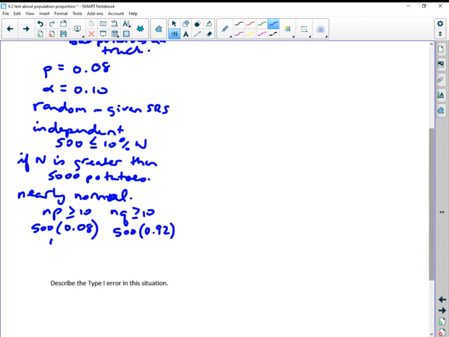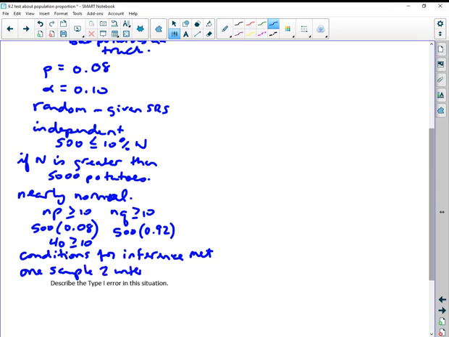So I find that 40 potatoes is greater than or equal to 10. So that's fulfilling that. The conditions for inference are met. So I identify what I'm doing: one-sample z interval for a proportion.